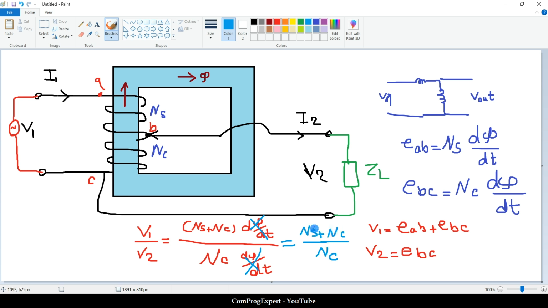So this summation is equal to N_total, the total number of turns for the coil between point A and point C. That is equal to N1 divided by N2.